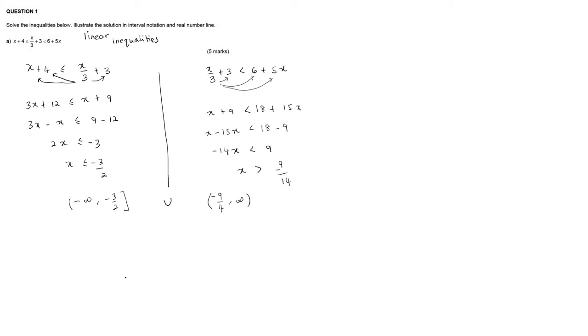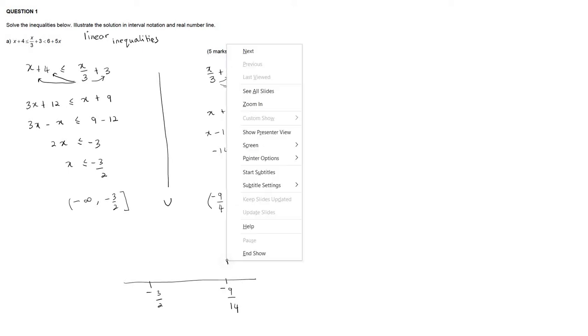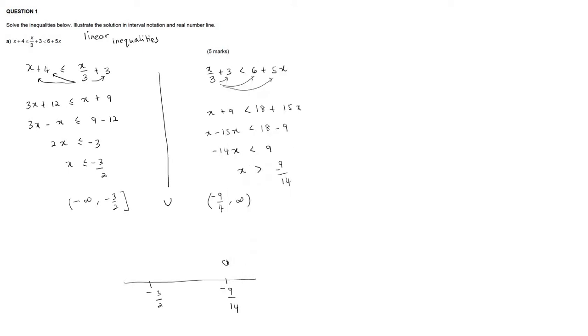And then in real number line, to put the two values, the smaller value on the left and the larger value on the right. For negative 9 over 14, open circle, okay, because the sign is small, and for negative 3 over 2, whole circle.